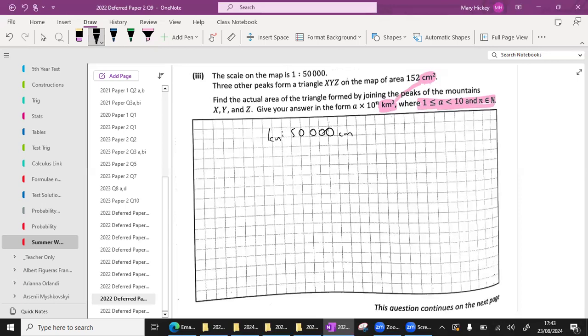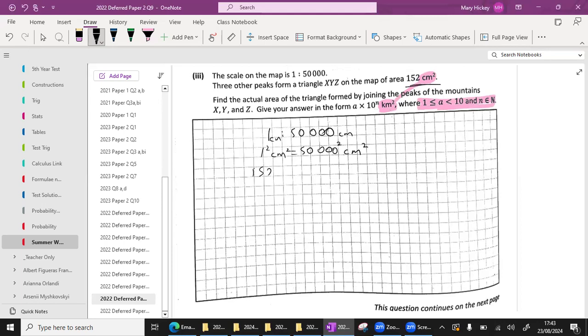Now, if I want to change this squared, well, 1 squared, and this would be 50,000 squared for centimeters squared. Now, we want to go, what is it, 152. So 1 squared is 1.